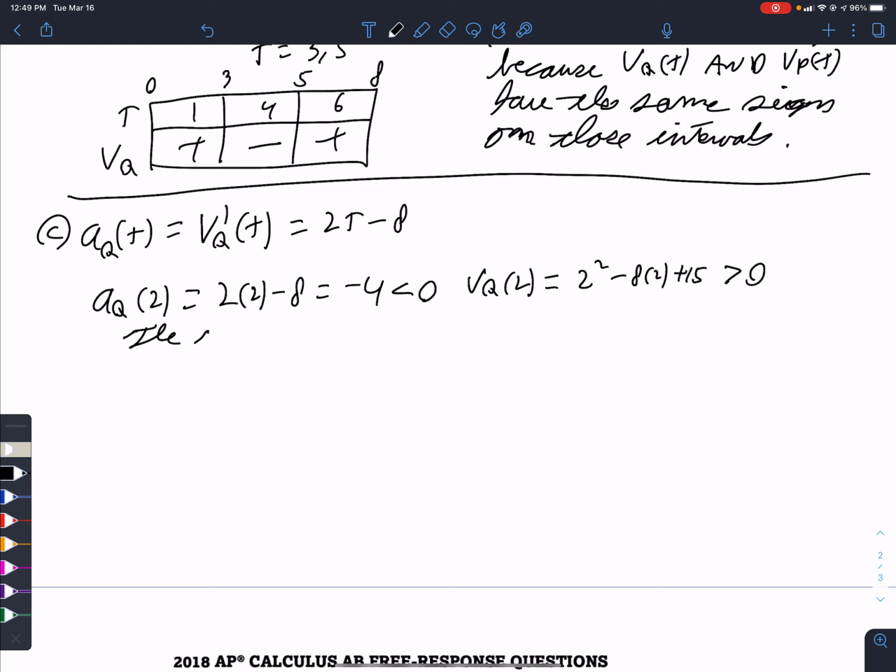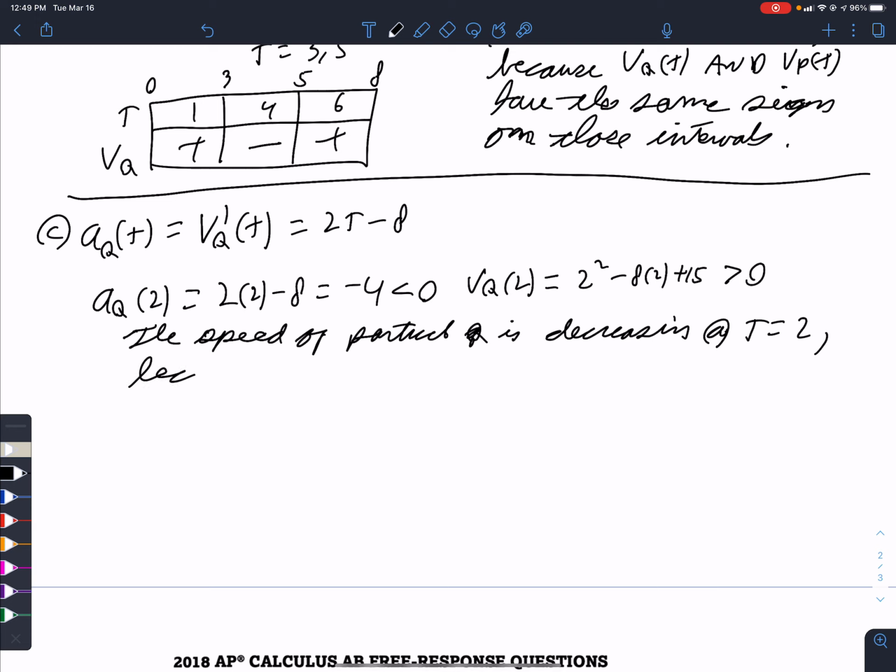This is part C. The speed of particle Q is decreasing at t equals 2, and you have to give a reason, a justification. Because AQ of 2 and VQ of 2 have opposite signs.